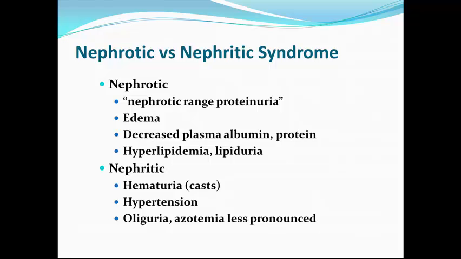In its most severe form, rapidly progressive glomerulonephritis can lead to a nephritic syndrome, or as we talked about, a post-infection upper respiratory infection. Both oliguria and azotemia are less pronounced in a nephritic syndrome than in a nephrotic syndrome. The end result of nephritic syndrome is glomerular cell sclerosis and membrane thickening. And we know that a sclerotic membrane just doesn't work as well as a permeable membrane.